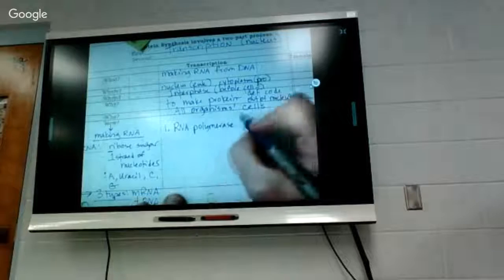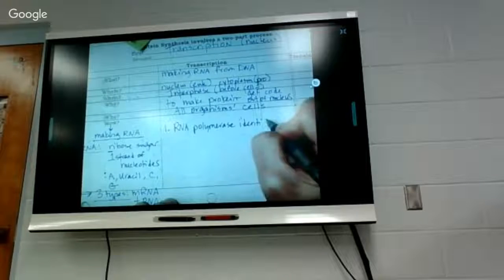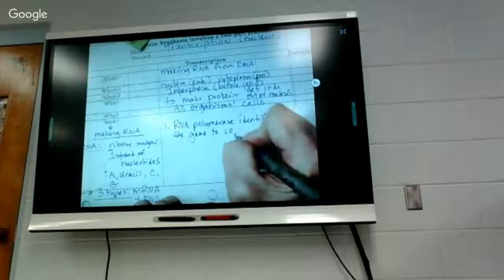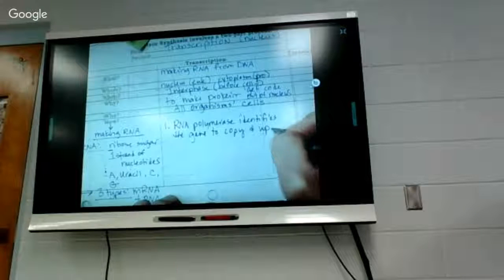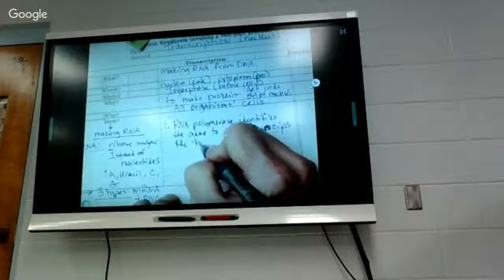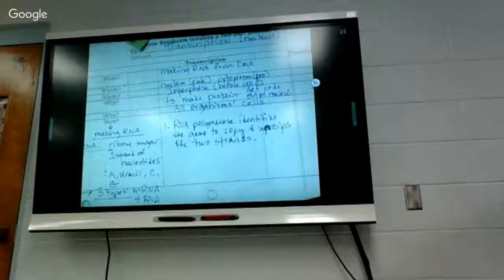So RNA polymerase identifies the gene to copy and unzips the two strands. It's going to figure out what it wants to copy, like I figured out that I wanted the Hershey's chocolate syrup cake recipe, found it, pulled it out.